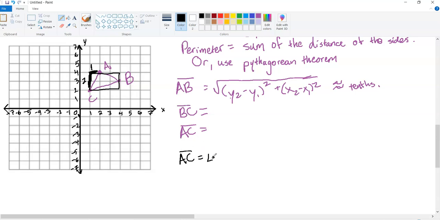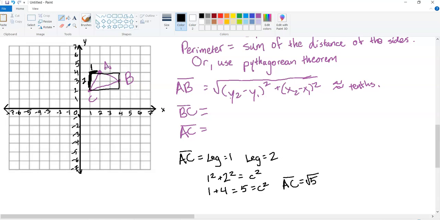AC has a leg of 1, and the second leg equals 2. So I'm going to do 1 squared plus 2 squared equals c squared. So 1 squared is 1, 2 squared is 4, that would give me 5, which is c squared. So AC equals the square root of 5.